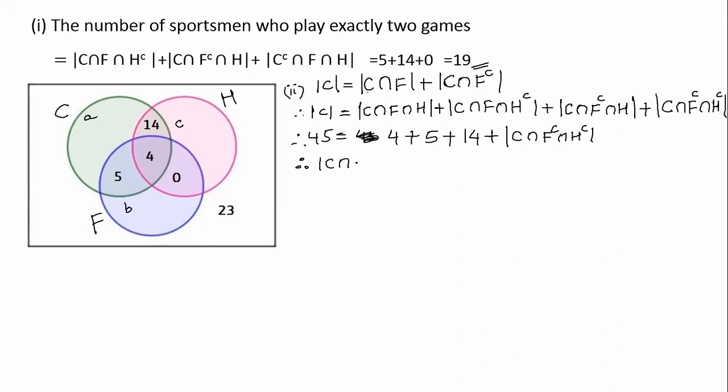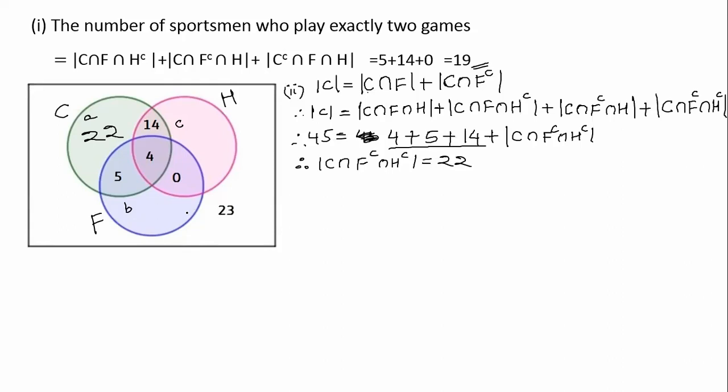Therefore, the number of sportsmen who play only cricket is nothing but 45 minus this much. So how much is it? 40 minus 18. So I think it is 22. So this is 22. So as such, we have to find the sportsmen who play only football, then only hockey.